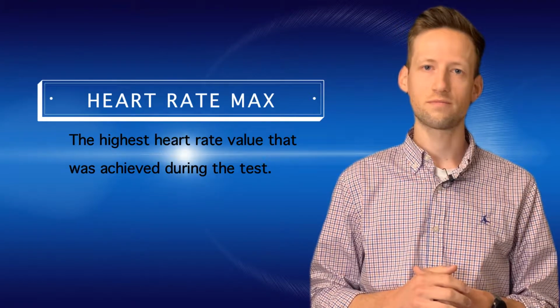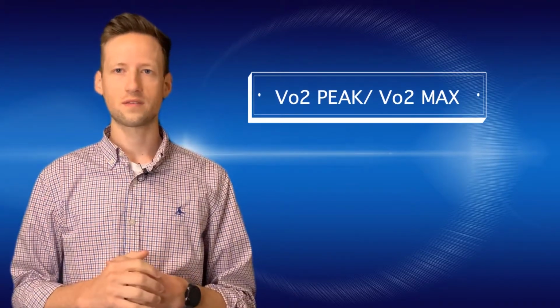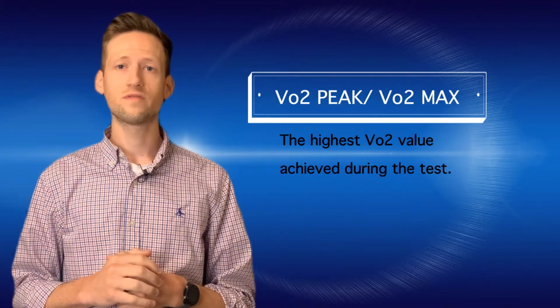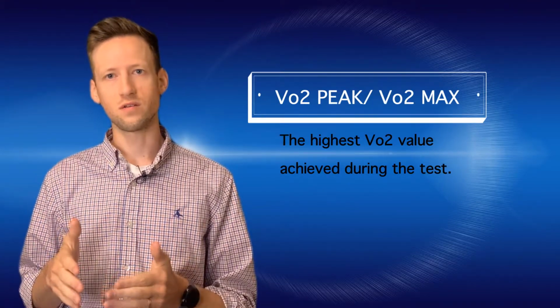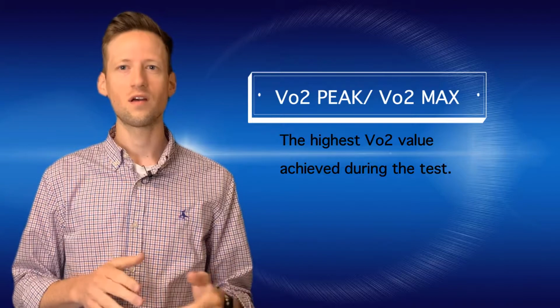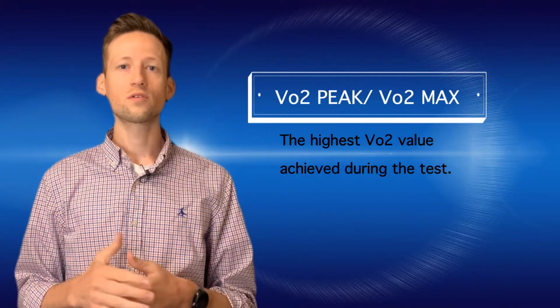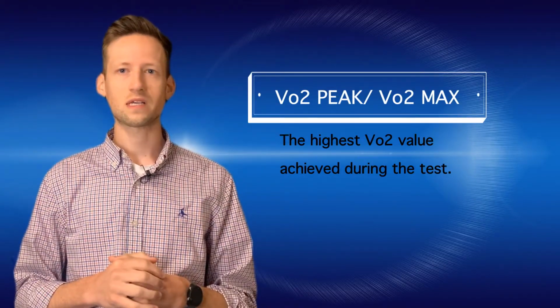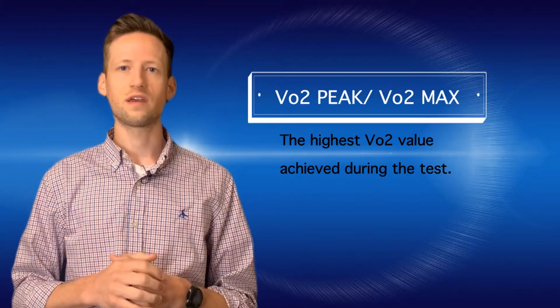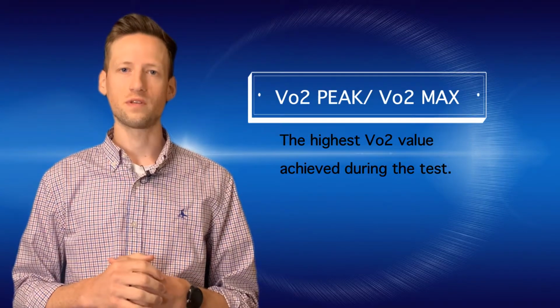The final value listed is the VO2 Peak or VO2 Max, which is the highest VO2 value, or volume of oxygen per body weight per minute, achieved during the test. One goal of the test is to achieve this maximal value, which can be one indicator of overall cardiorespiratory fitness.